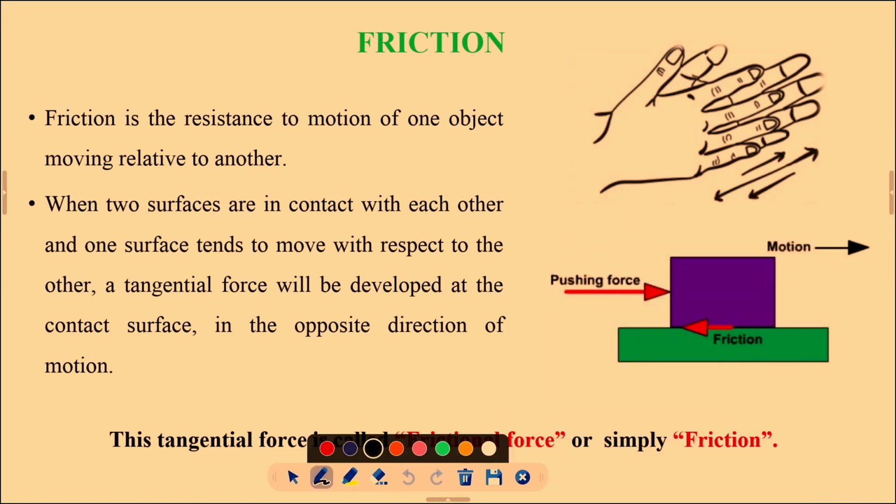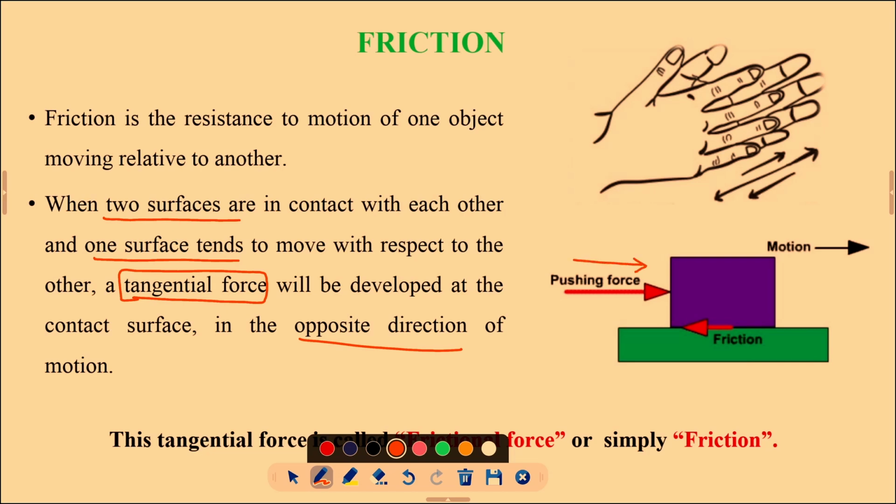That is, when two surfaces are in contact with each other and one surface tends to move with respect to the other, a tangential force, which is very important, will be developed at the contact surface in the opposite direction of motion. For example, consider an object placed over a horizontal surface and I am giving force in this direction to the object.